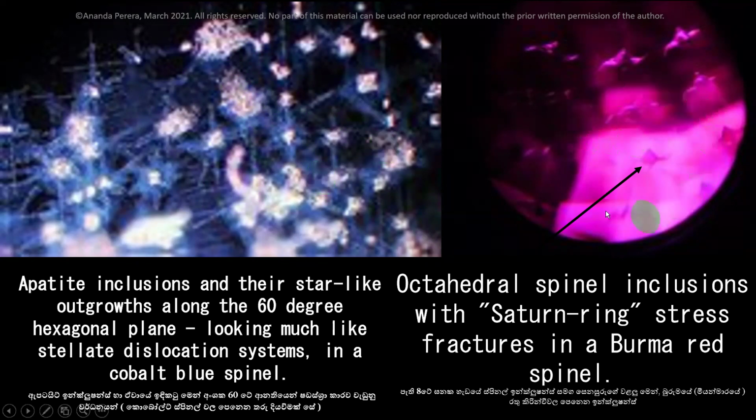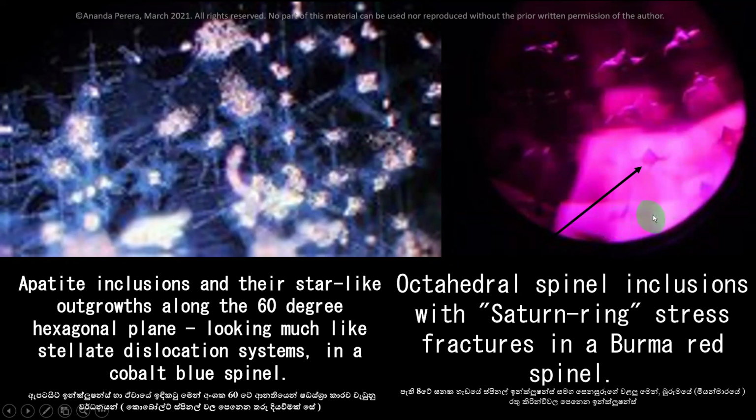And look at here, this inclusion. You know the planet Saturn. Planet Saturn is very famous with its rings. So look at this inclusion. It is a Saturn ring-like inclusion in this red spinel. This is from Burma.